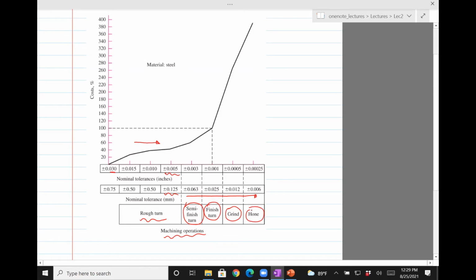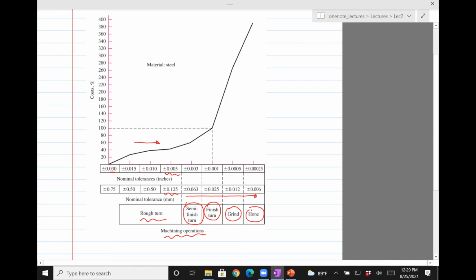And so those operations basically involve either expertise, so you have to call somebody and make the person do it. The second thing, if it's done automatically, then there's a cost involved. The machine has to be running for that much time. And so as you become more and more precise on the tolerances, you'll see that the cost invariably goes up.